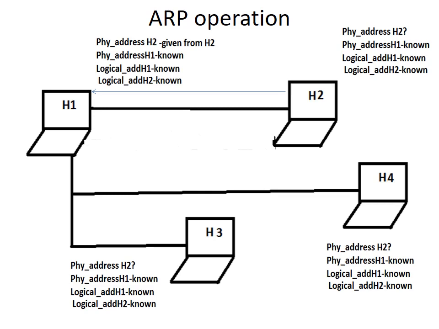Each host will cross-check whether the destination IP address belongs to that particular host or not. If the destination address does not belong to that host, it will ignore the ARP request. If the destination address matches one of the hosts, that particular host will give an ARP response back to H1. In the response, it will give the MAC address of the machine to which it is connected.